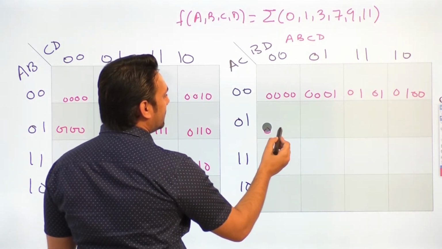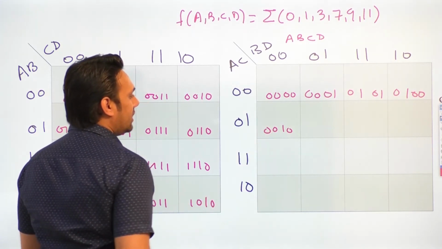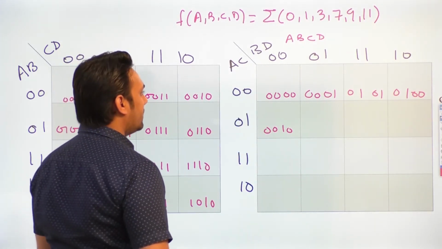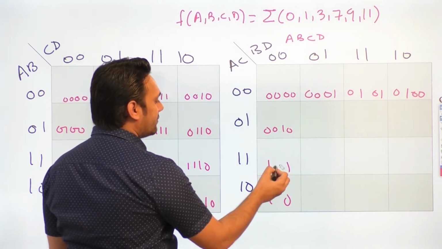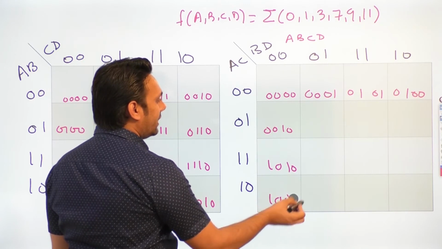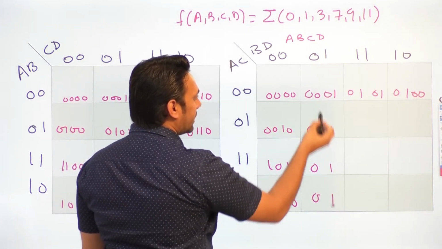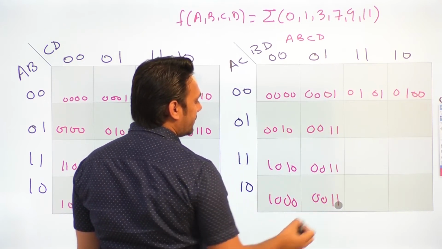Again 0 1 0 0. That means I've taken these values 0 1 here, and I've written 0 0 over there. So again here 1 1, here we have 1 0, and in between we have 0 0 0 0. And here we have 0 1 0 1 0 1, and in between we have 0 1 here, 0 1 here, and 0 1 here.